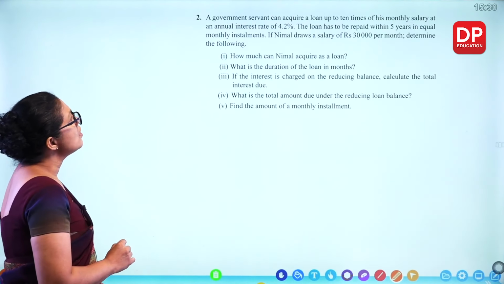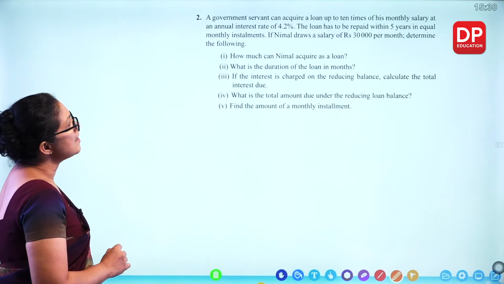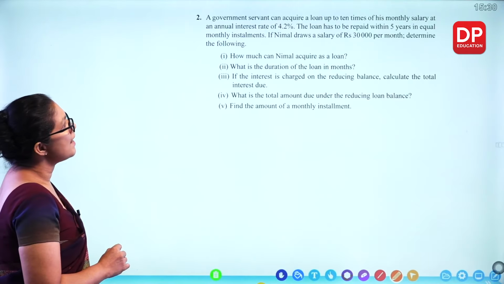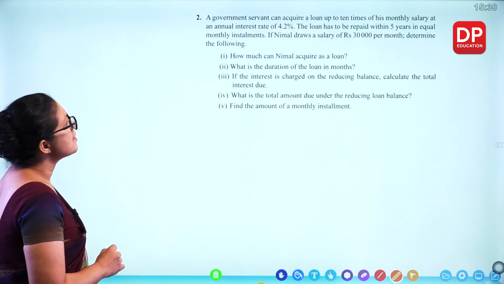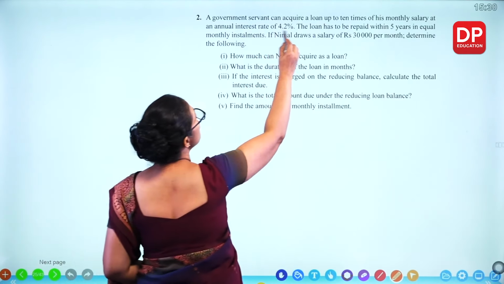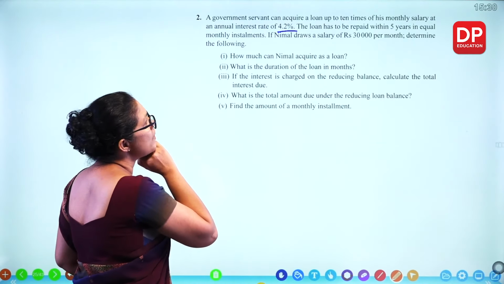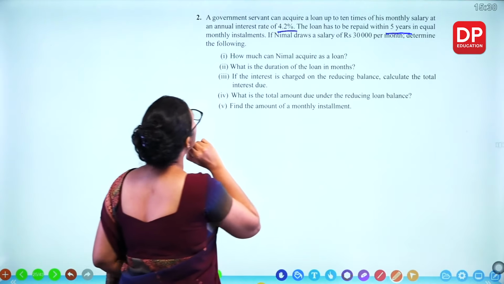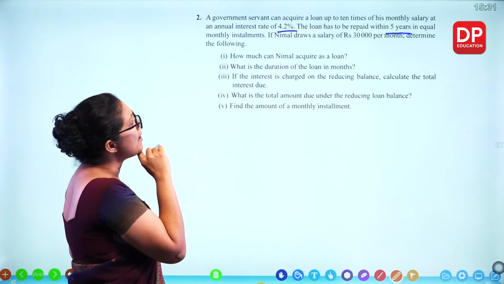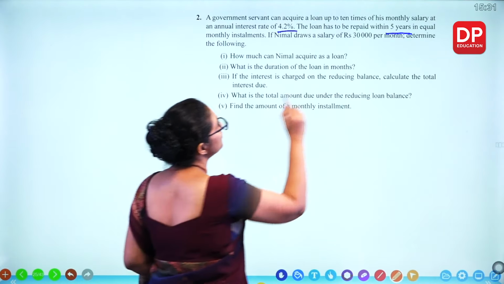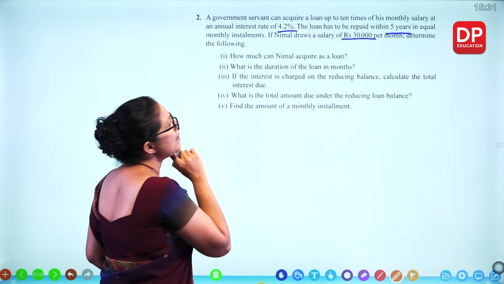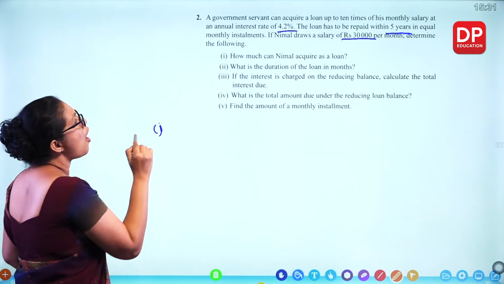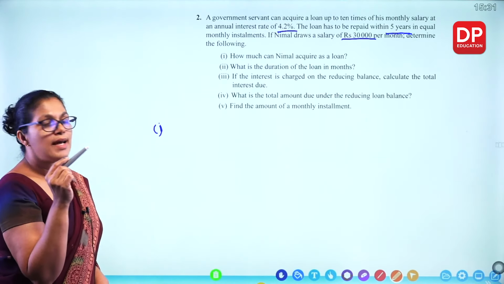Question number 2. A government servant can acquire a loan up to 10 times his monthly salary at an annual interest rate of 4.2%. The loan has to be repaid within 5 years in equal monthly installments. If Nimal draws a salary of 30,000 per month, determine the following. First one, how much can Nimal acquire as a loan?